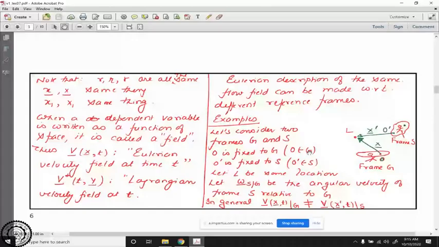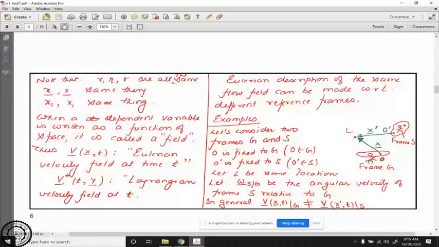And I have a simple example here. Suppose there is a flow field, which is white space on the slide, and let there be a fluid particle L in motion, and that motion can be simultaneously perceived by two observers, frame G and frame S, right?